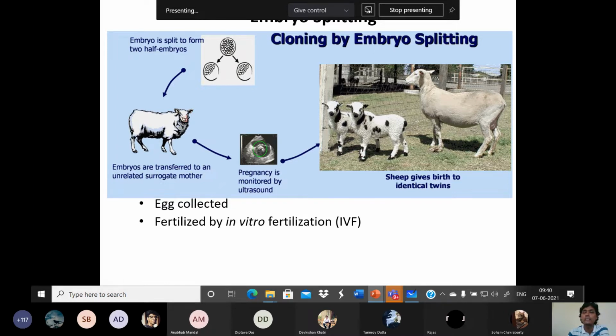That zygote can be divided from one cell to two cells, two to four, and finally it will form an embryo. As a result, that embryo is split.